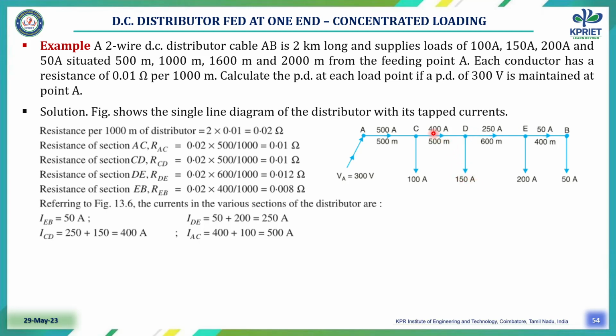Then the balance current 400 minus 150, 250 amps, flows in the section D to E. Similarly, 200 amps is tapped from the point E, and the balance current 50 amps flows through the section E to B.